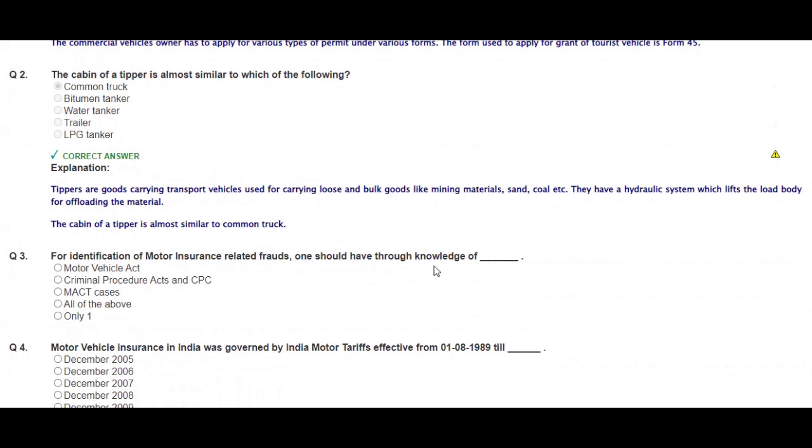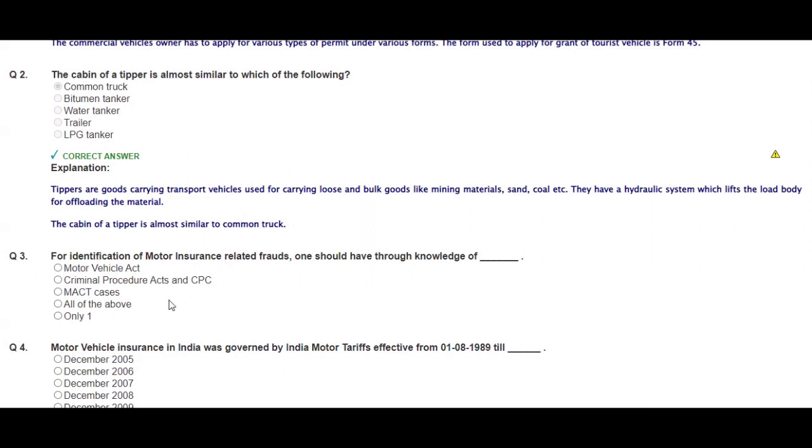Okay, the explanation also automatically shows below. A tipper or goods carrying transport vehicle is used to carry loose and bulk goods like mining material, sand, coal, etc. They have a hydraulic system which lifts the load body for unloading the material. The cabin of a tipper is almost similar to a common truck.